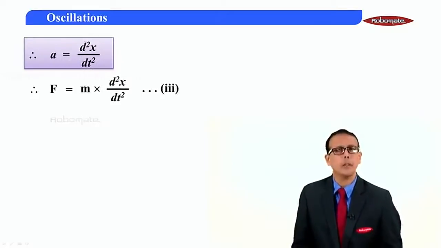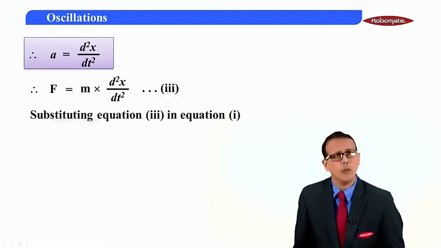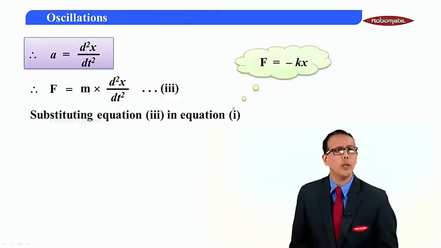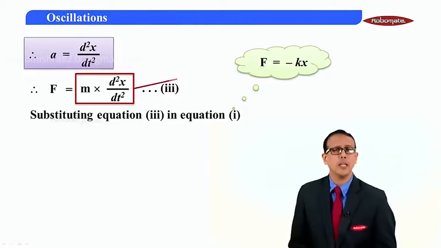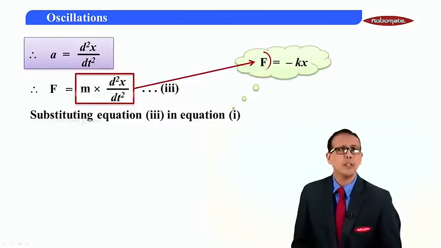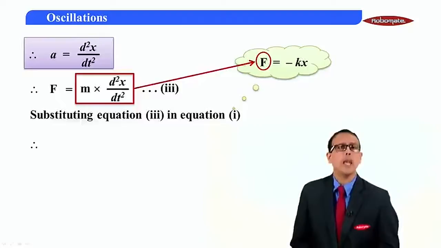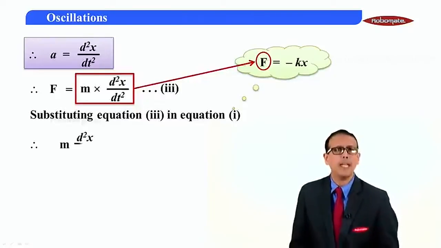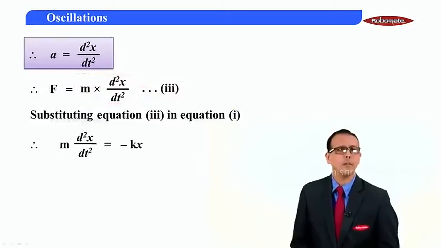Say it is equation number 3. Now let us substitute this new value of force, that is equation 3, in equation 1. But what was equation 1? Equation 1 is F is equal to minus kx. So let us substitute 3 in equation 1. Now your equation 1 becomes m d square x by dt square is equal to minus kx.